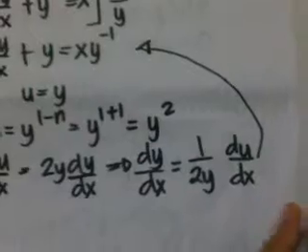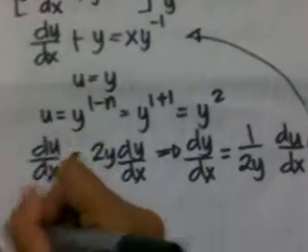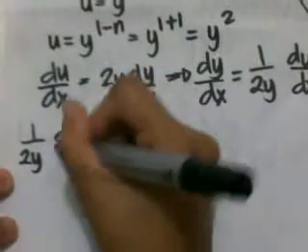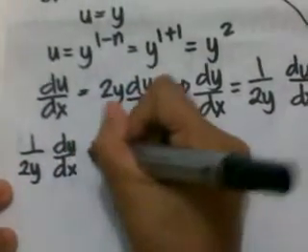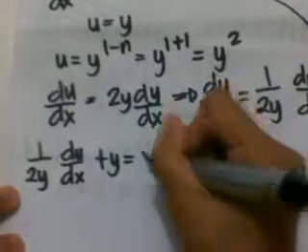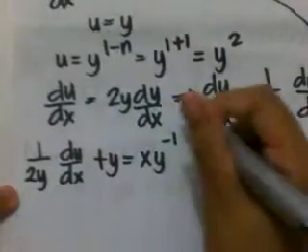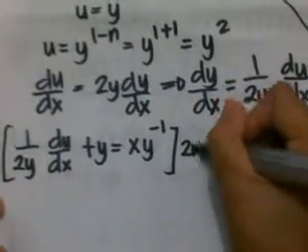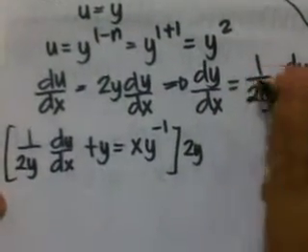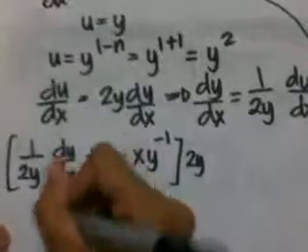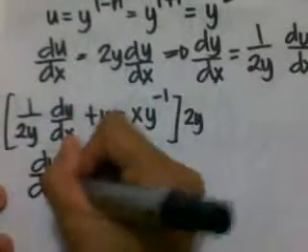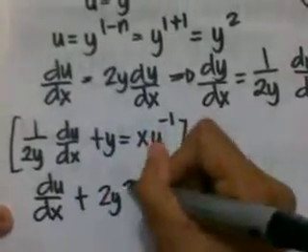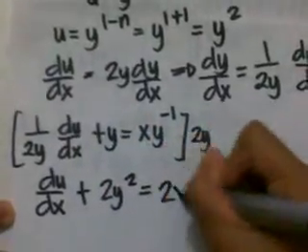It's now 1 over 2y du/dx + y = x y^(-1). It is multiplied by 2y so that it may form a linear equation. So it is now du/dx + 2y^2 = 2x.